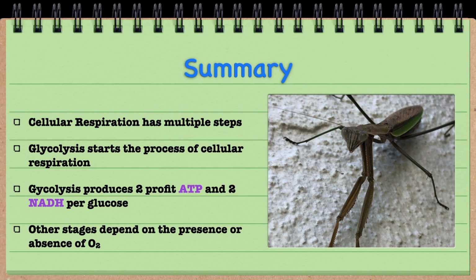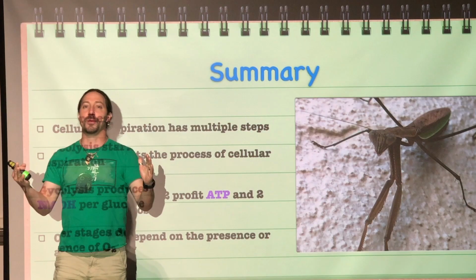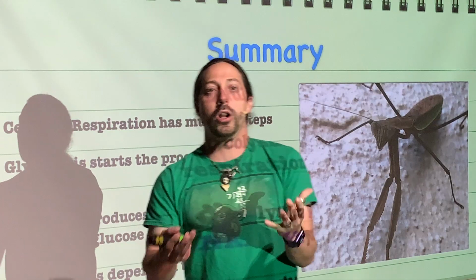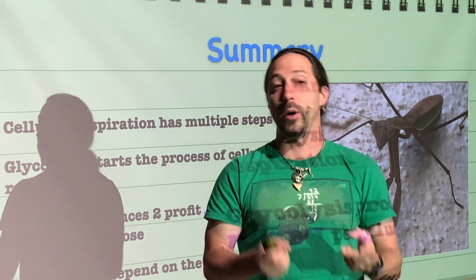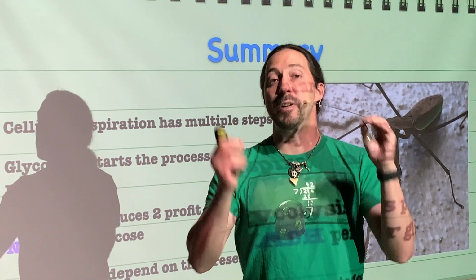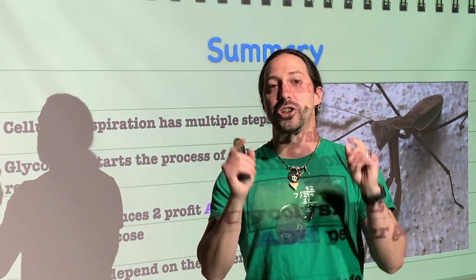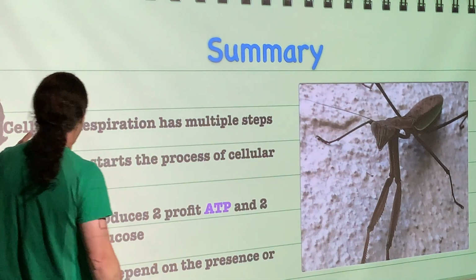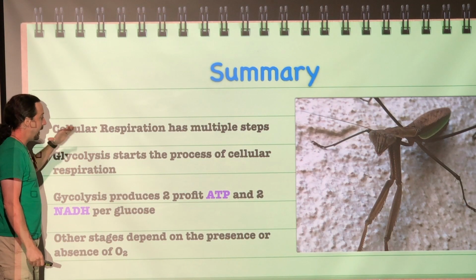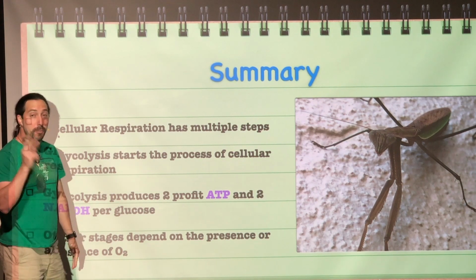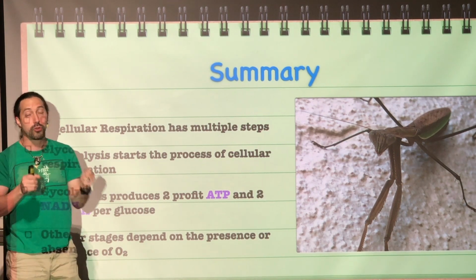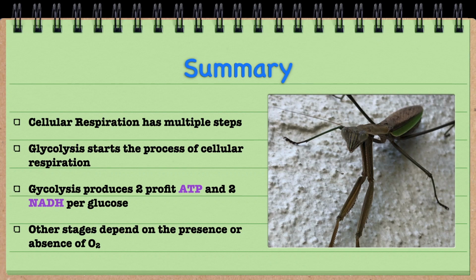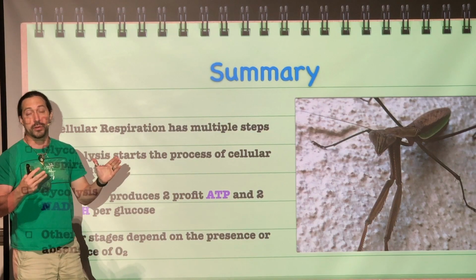In summary, cellular respiration, it has multiple steps, depending on if it happens to be aerobic or anaerobic cellular respiration. But either way, it's going to start with glycolysis. And that process of glycolysis, it produces those 2 profit ATP, which is so crucial to the purpose of what cellular respiration is all about. And it also produces NADH, 2 of those per glucose.